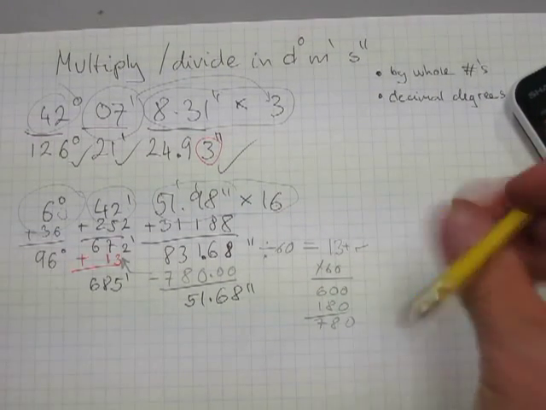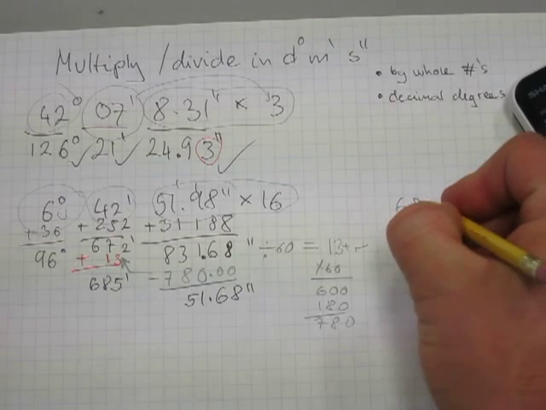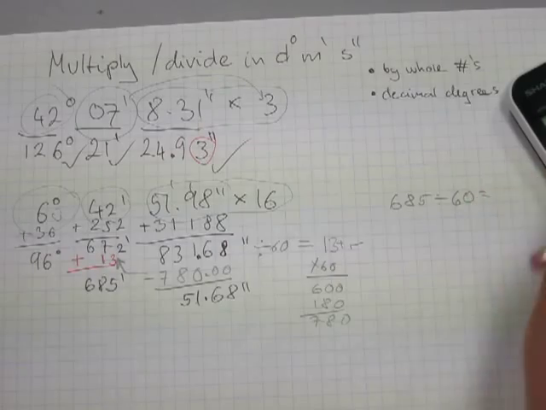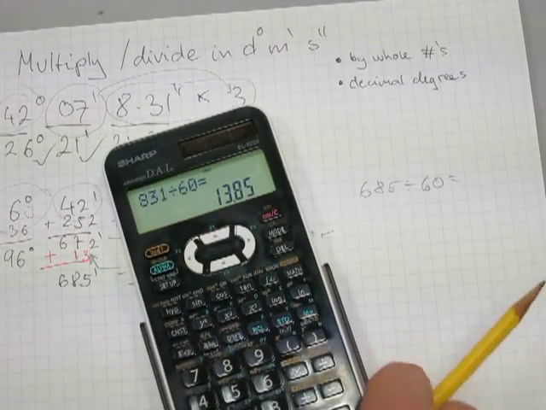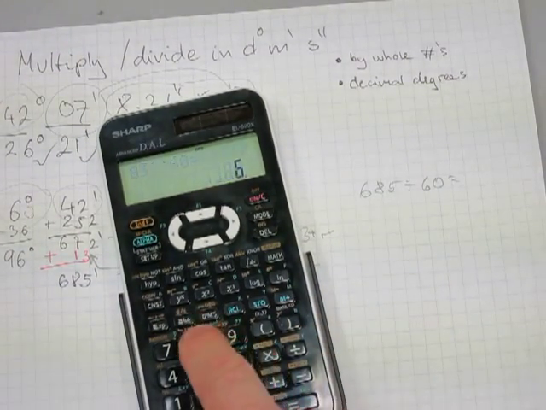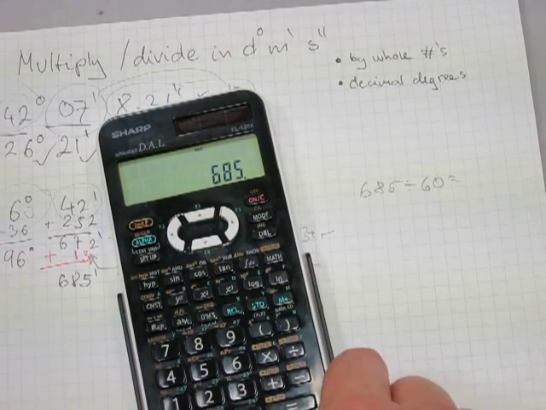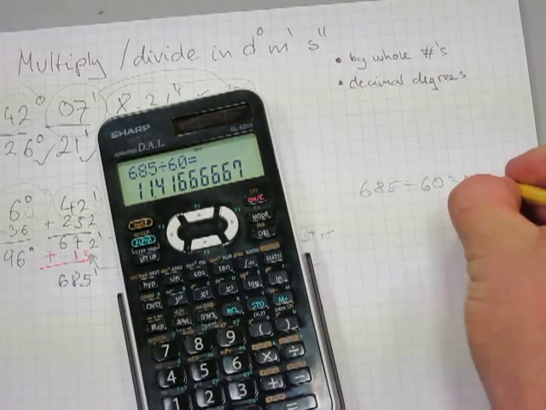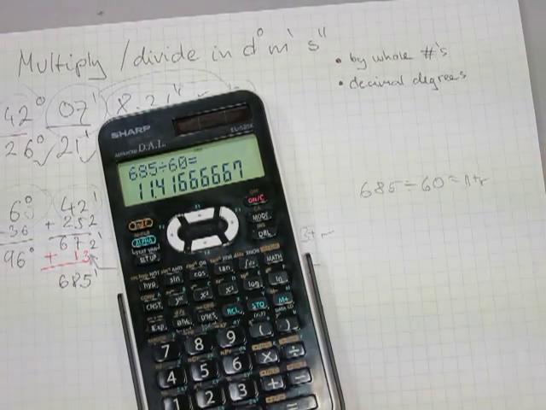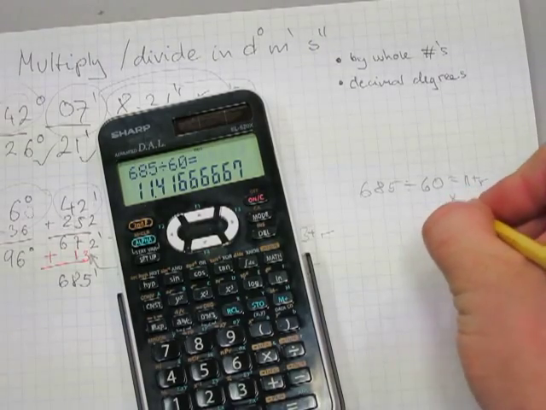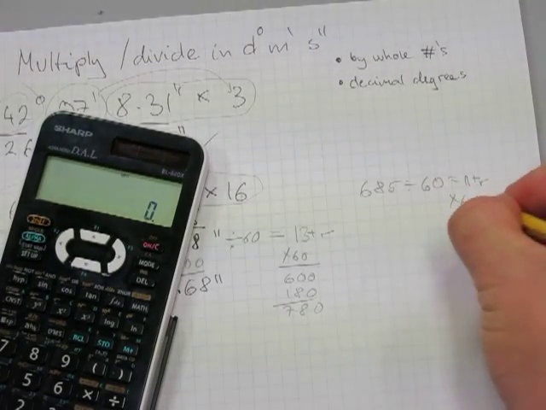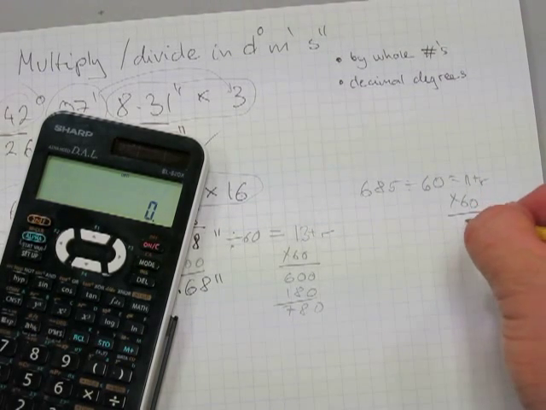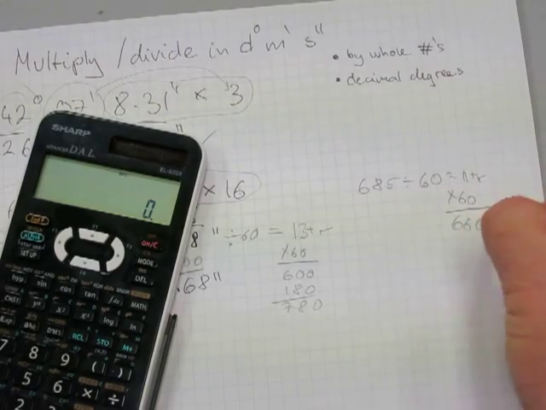It's the same procedure. 685, we have to know how many 60s we can take away from it, and to do that I'll just do it on a calculator quickly. 685 divided by 60 equals 11 with a little remainder, and 11 degrees with 60 minutes each is 660 minutes.